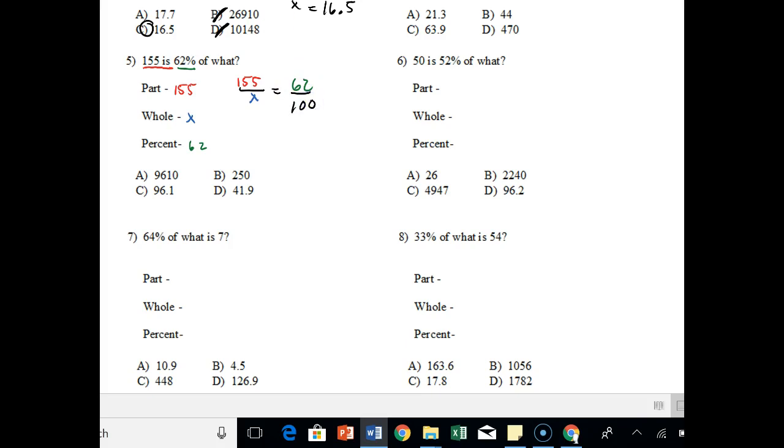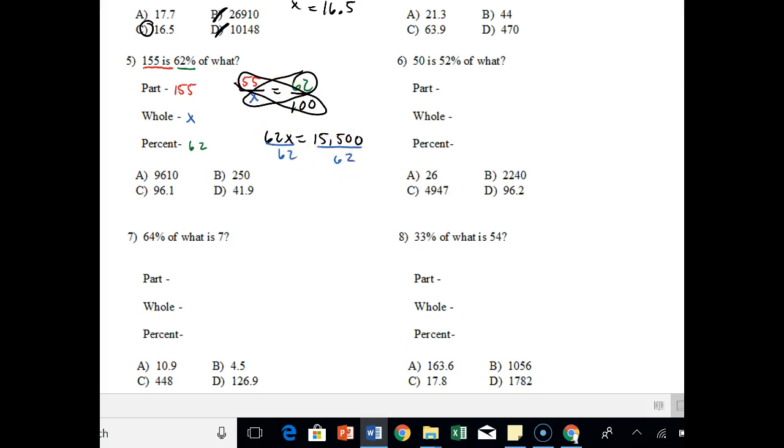So let's cross multiply. So we get 62x equals 100 times 155, which is 15,500. And now we'll simply divide both sides by 62.